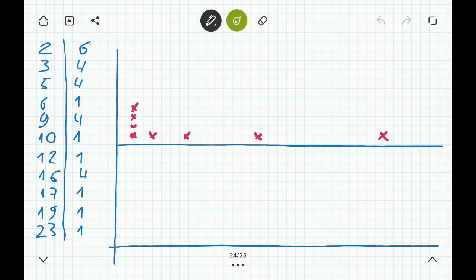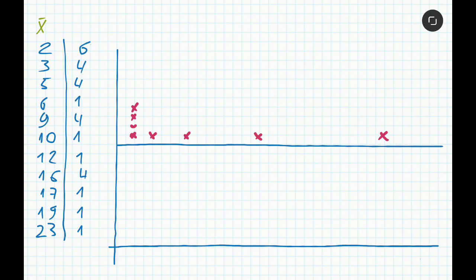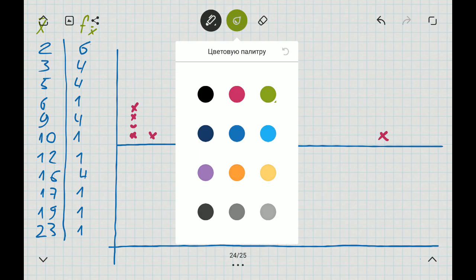So I've put each sample mean, let me denote it as this, it's a sample mean, and here is the frequency for that sample mean, and I'll mark it as f of sample mean.